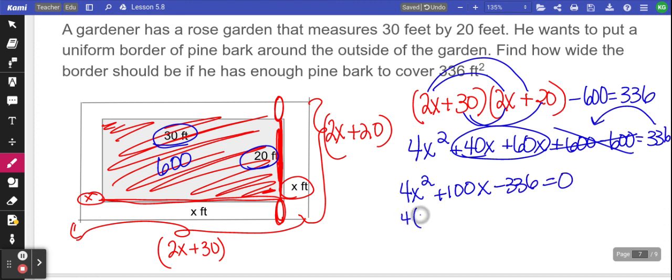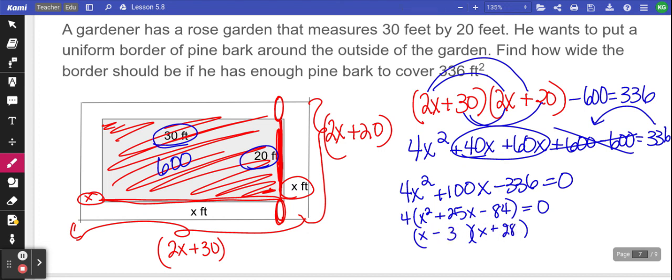I know they're going to have a greatest common factor of 4. Hopefully, 336 divided by 4 is 84, which is good because now this is no longer a window method. Factors of 84 that subtract to be 25, 28 and 3.